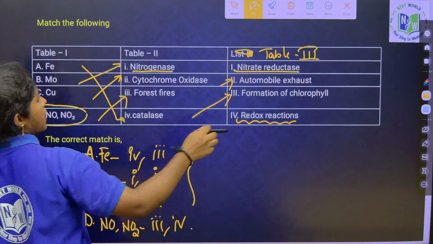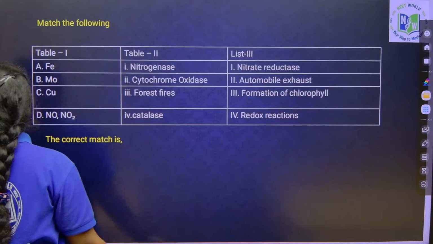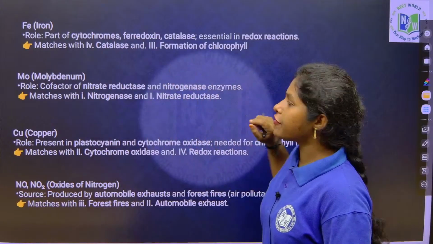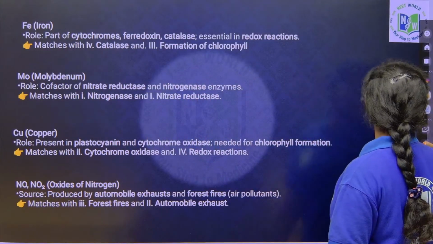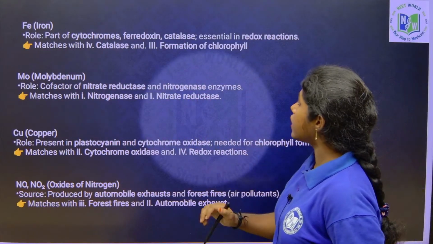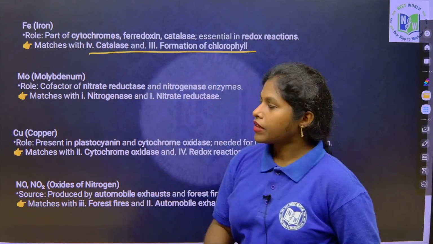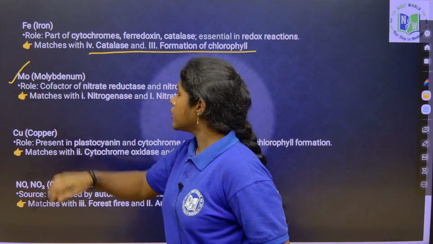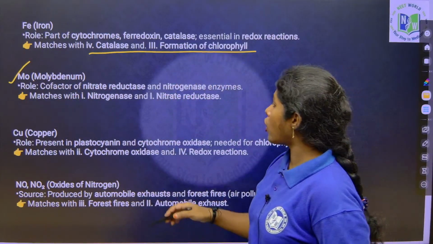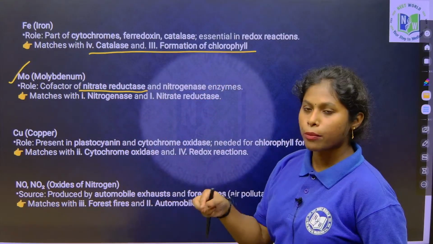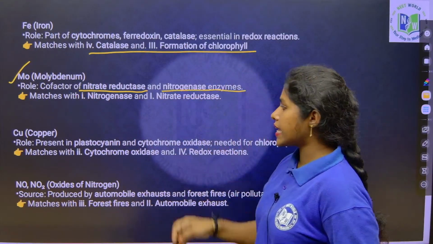Let's see the explanation, students, here. This is also a previous year question, students. Here see, iron is part of cytochromes and ferredoxin and catalyzes essential redox reactions. One of the main roles is the formation of chlorophyll and catalysis. Okay. And coming to the molybdenum, the cofactor for the molybdenum is the nitrate reductase, and it is mainly an important component for the nitrogenase enzyme.